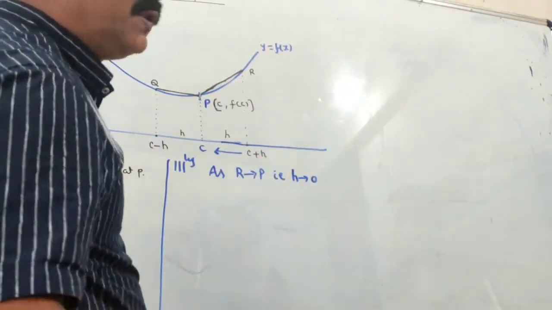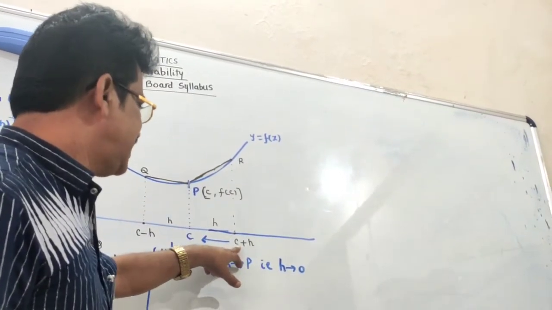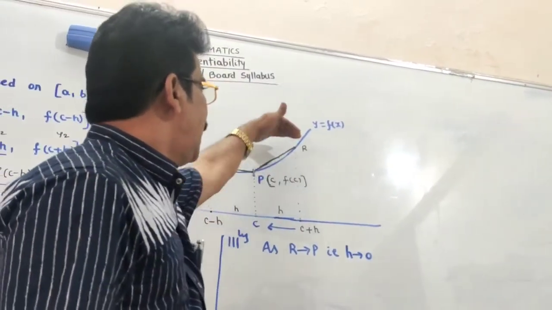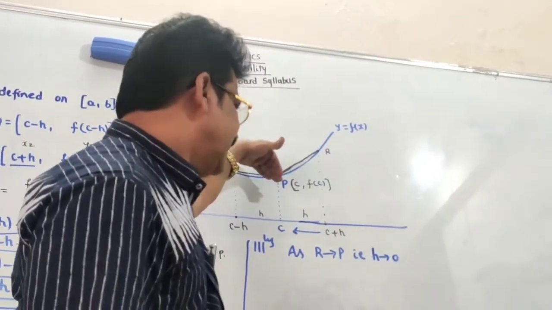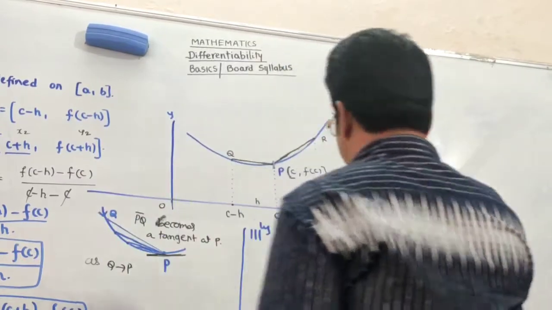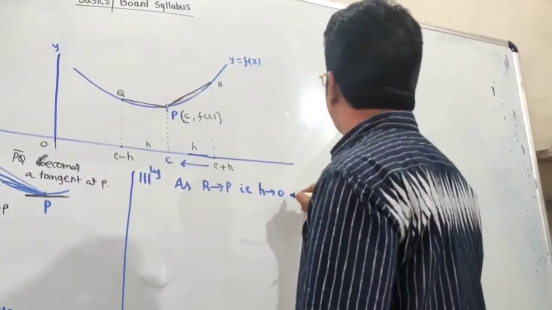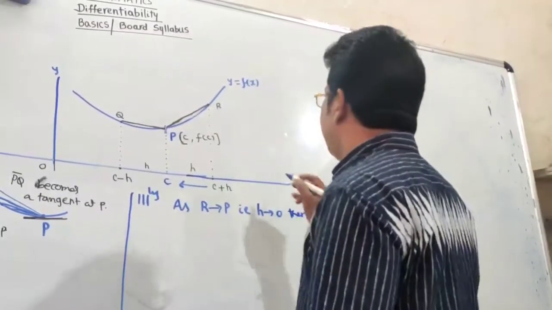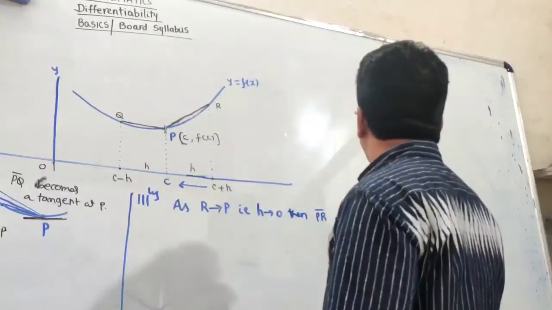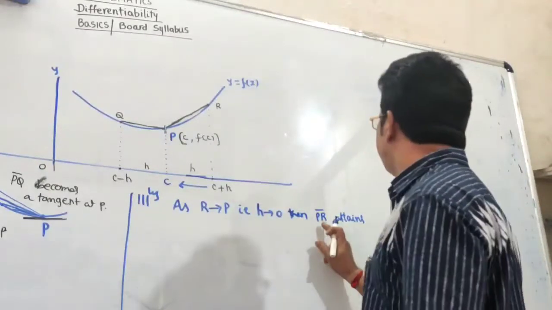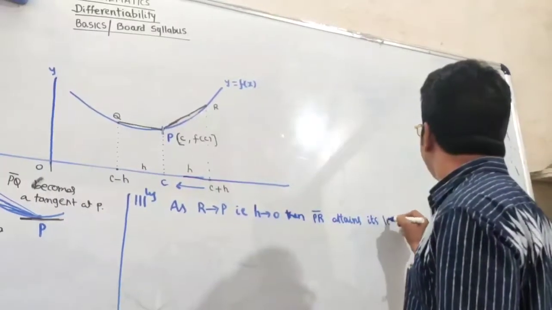Whenever H becomes 0, C plus H becomes C. At the same time, R coincides with capital P. Therefore, as R tends to P, that is H approaches 0, the chord PR bar attains its limiting position.